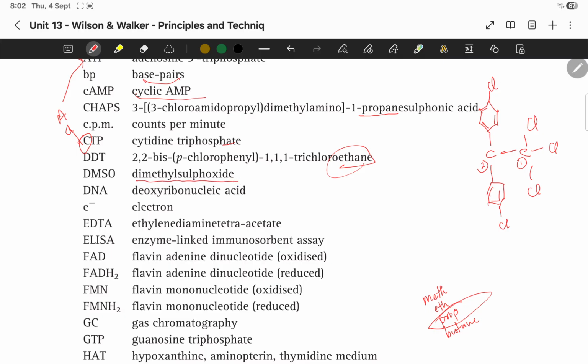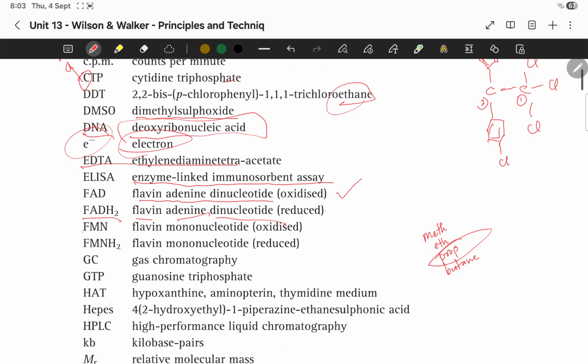DMSO, dimethyl sulfoxide. DNA, deoxyribonucleic acid. E, electron. EDTA, ethylenediaminetetraacetate. ELISA, enzyme linked immunosorbent assay. FAD, flavin adenine dinucleotide, this is oxidized. FADH2, flavin adenine dinucleotide reduced.